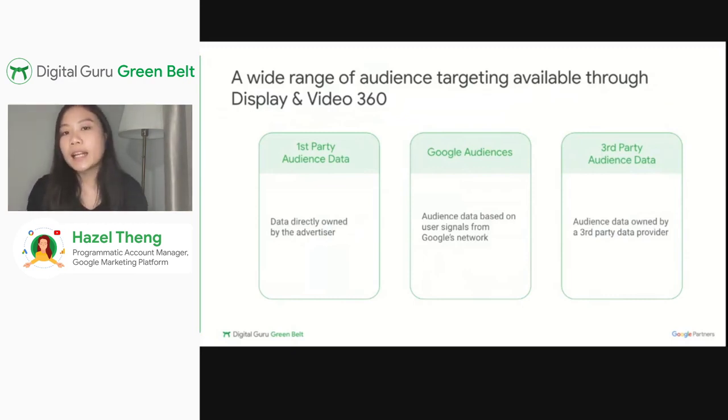Some of these terms, first-party audiences and third-party audiences, are pretty new to some of you in the session. So let's quickly review how we define the different types of data. And we'll then look into an elaborate breakdown of what is available on DV360 from a first-party, third-party, and Google audience standpoint.